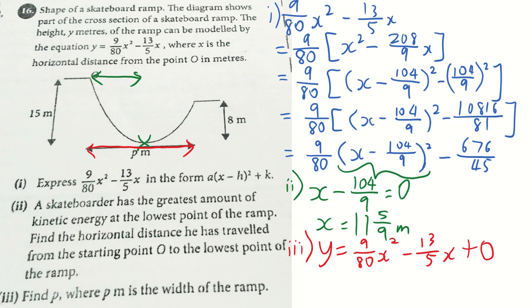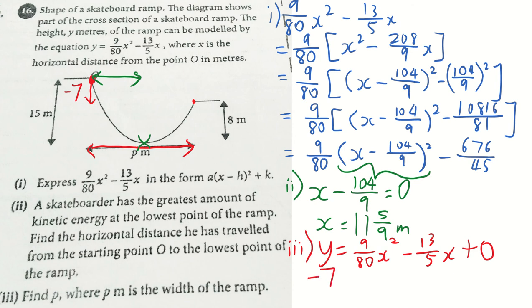What this means is the reference point of the vertical distance is marked out in this red dot. So when the skateboarder is at this point, basically he has moved down a vertical distance of 7 meters, or negative 7. So in other words, we are saying that the value of h when he is P meters away is at -7 meters.